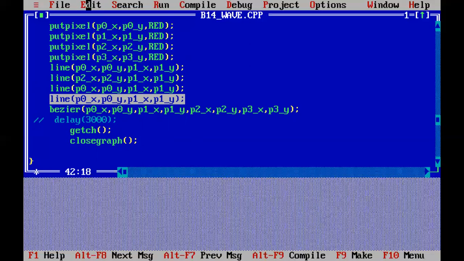Then here I want to change all the things, that is from P2y and P2x to P3x and P3y. Okay, so no need to draw the put pixel.